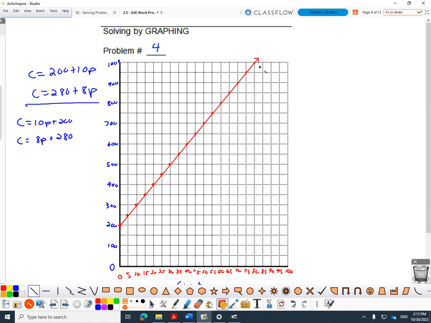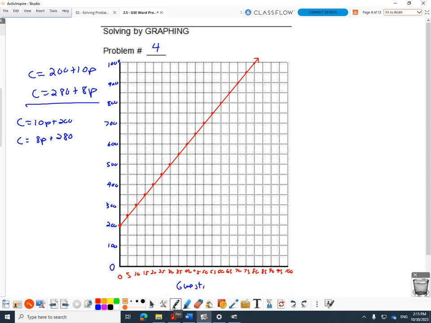The other one. Start at 280. And I'm going up, ooh, that's going to be hard. Going up by 40 for every 5. 320, 340. Ooh, I wanted to be in blue. Start at 280. And I'm going up by 40. 320, 340, 360.